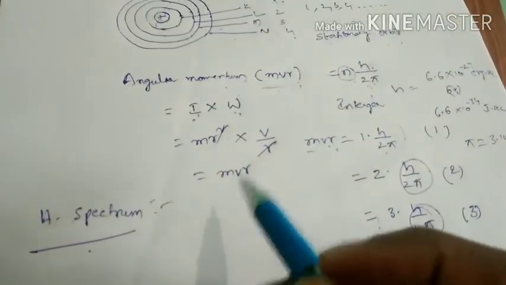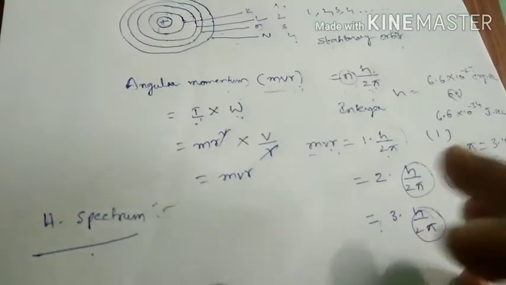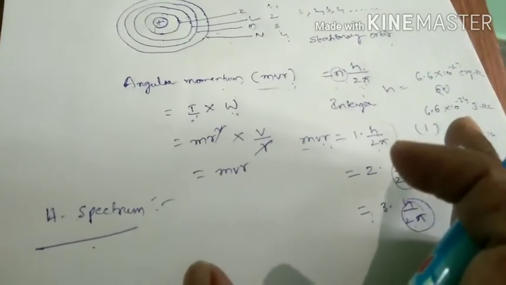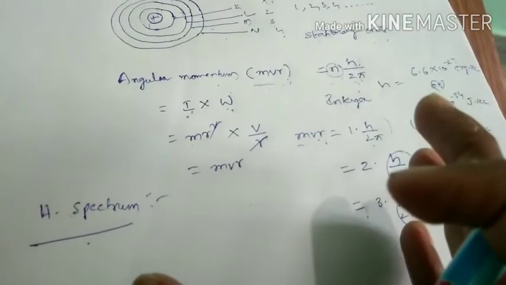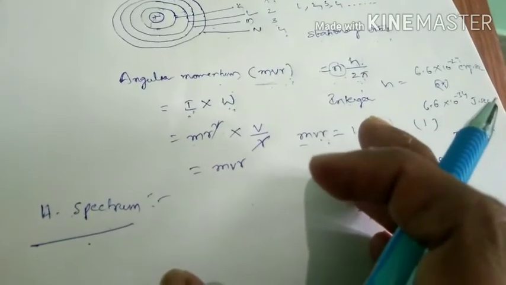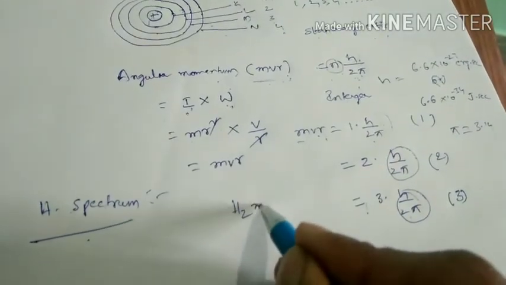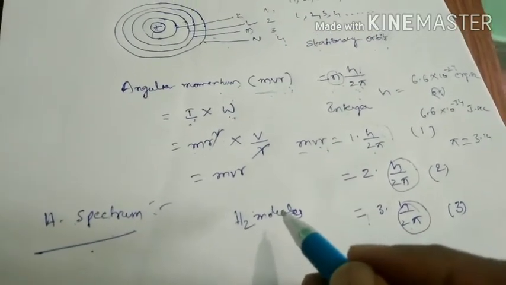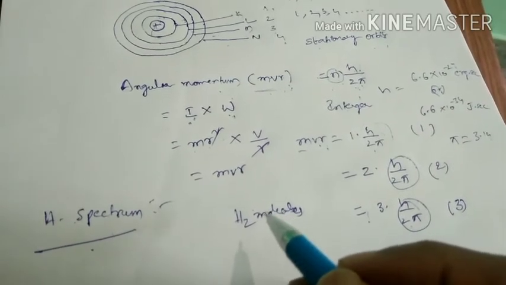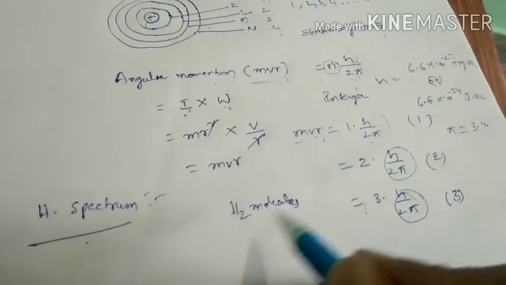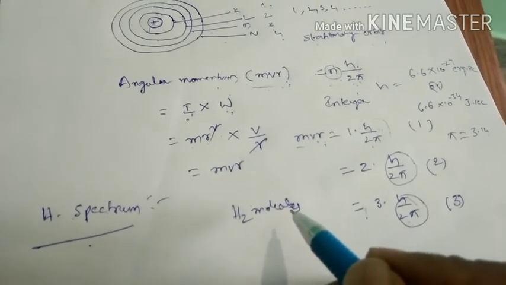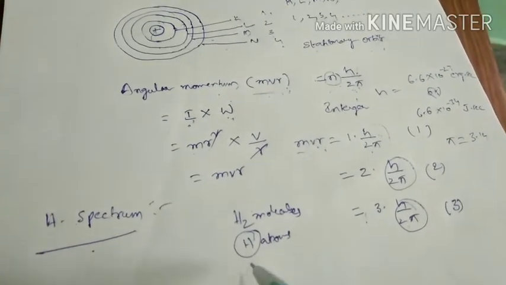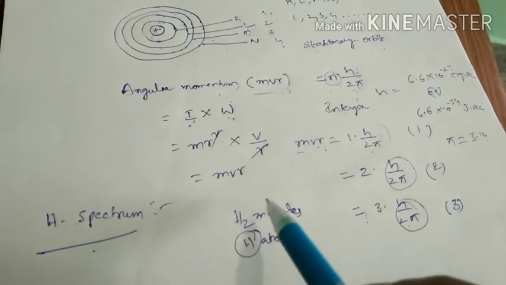Listen, when hydrogen gas is taken in a discharge tube and we heat that discharge tube, the hydrogen gas contains hydrogen molecules, that means H2 molecules. Those molecules undergo dissociation because we are applying heat. When they dissociate, hydrogen atoms are formed.